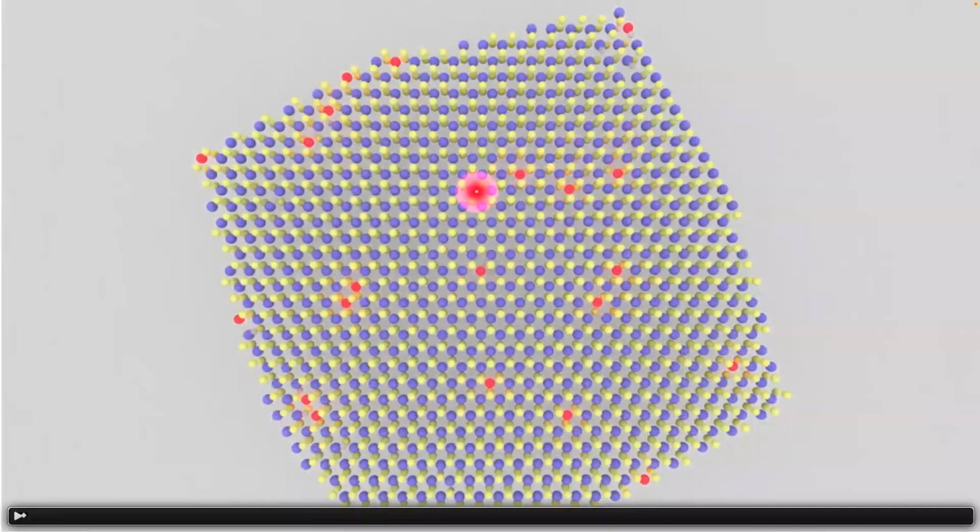If you look on the right-hand side, or even here on the left-hand side, as we're looking at the atoms around our rhenium dopants, we do see a lot of atomic scale distortion.